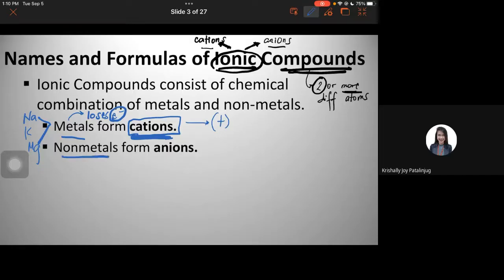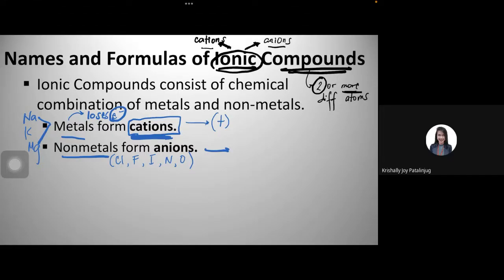Whereas non-metals like the halogens, chlorine, fluorine, iodine, and also nitrogen and oxygen, those elements on the upper right portion of the periodic table, tend to gain electrons during chemical reactions.